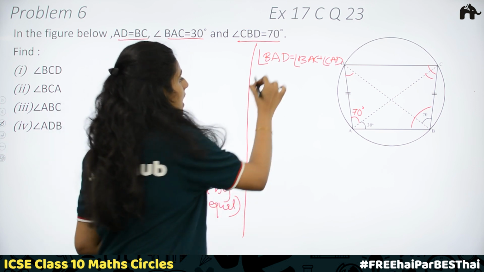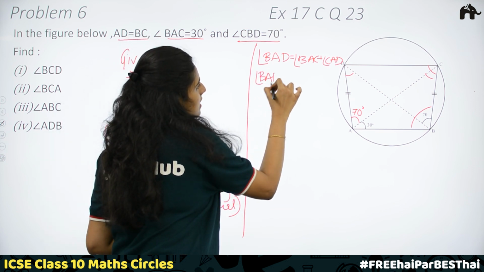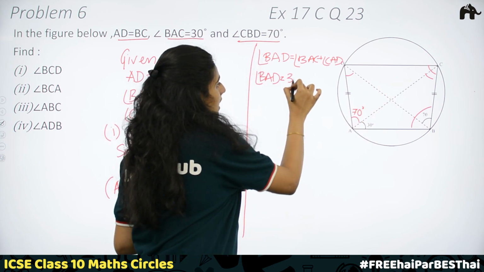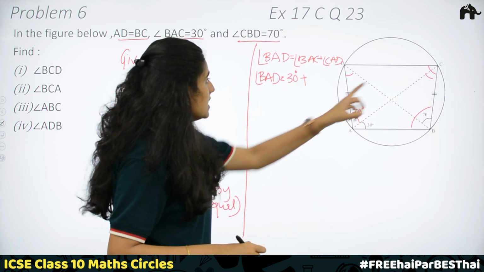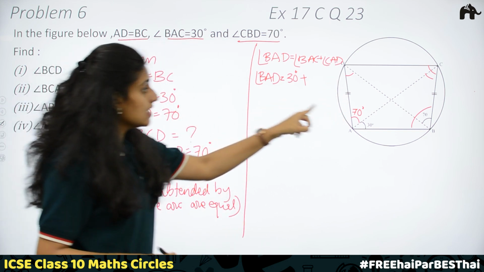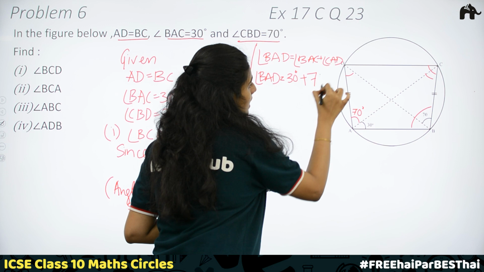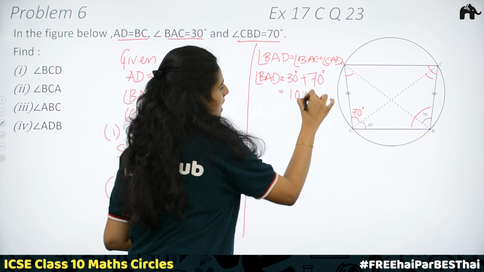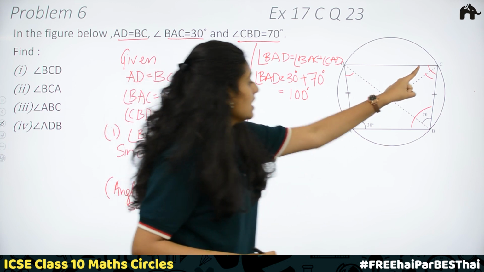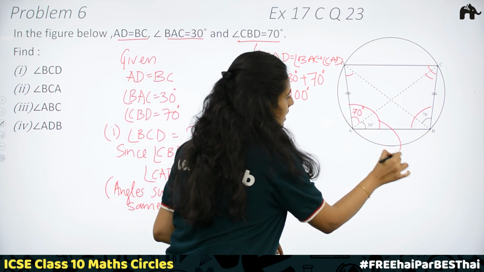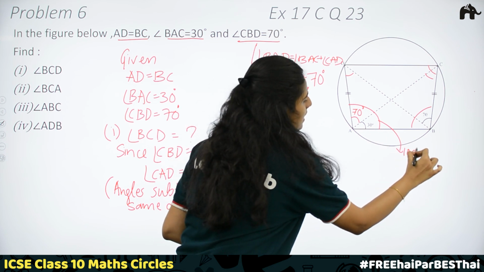Angle BAC is given in the question, which is 30 degrees, plus angle CAD, which is 70 degrees. 30 plus 70 we get 100 degrees. Therefore, this whole angle BAD is equal to 100 degrees.